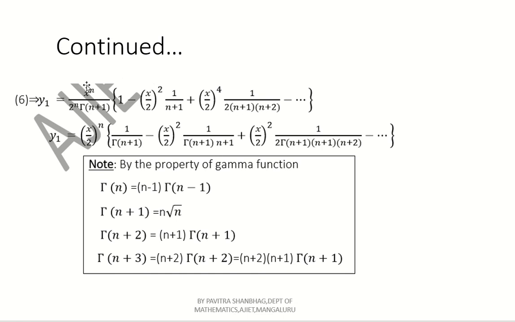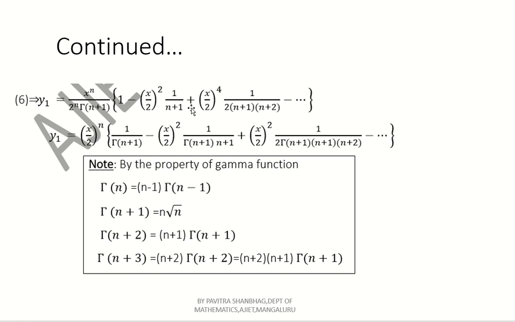Now, what is common? x power n and 2 power n can be taken outside, so that we write x by 2 whole power n. Then remaining, take it inside: 1 by gamma n plus 1 minus x by 2 whole square over n plus 1 gamma n plus 1. Here n plus 1 is already there, gamma n plus 1. Next, x by 2 whole power 4.